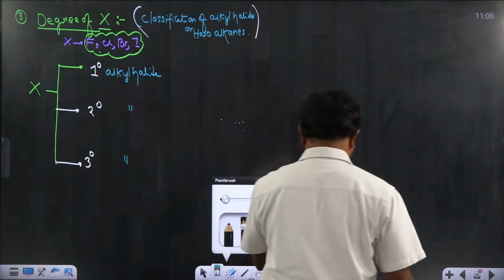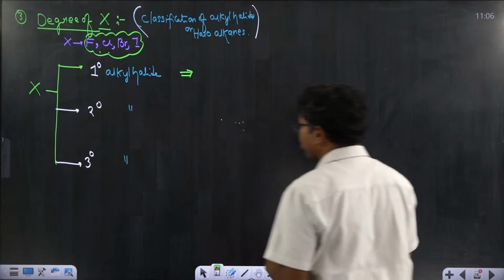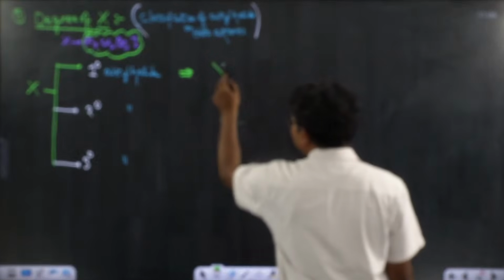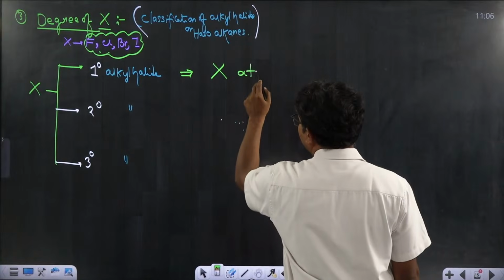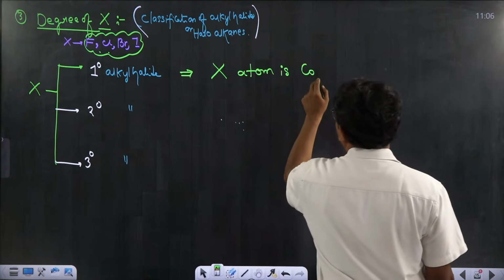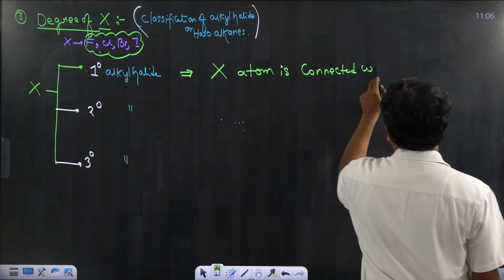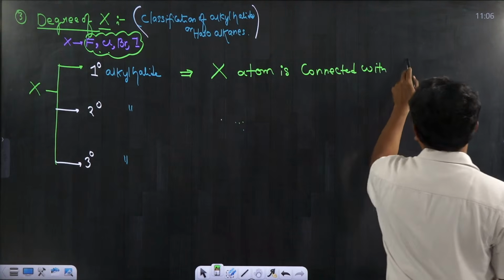Primary alkyl halide is the one in which the halogen atom is connected with 1 degree carbon.